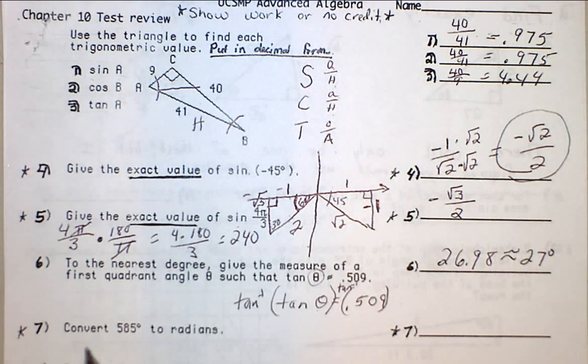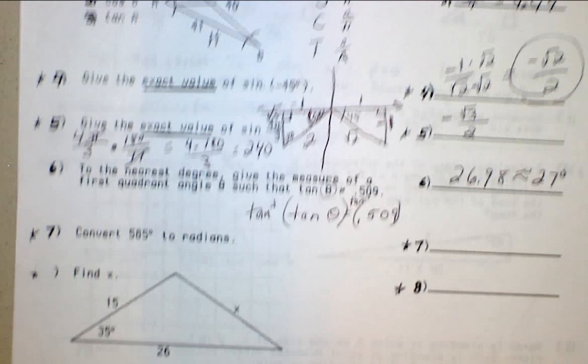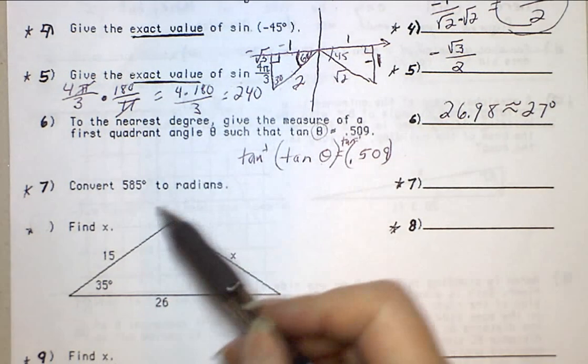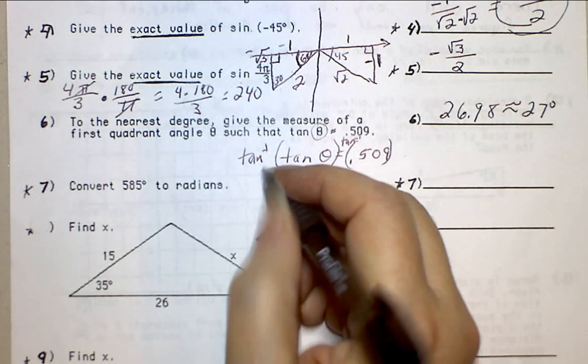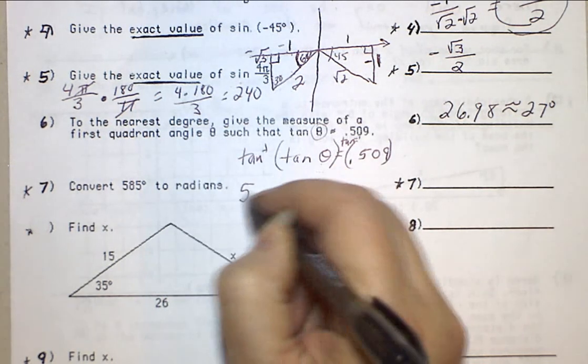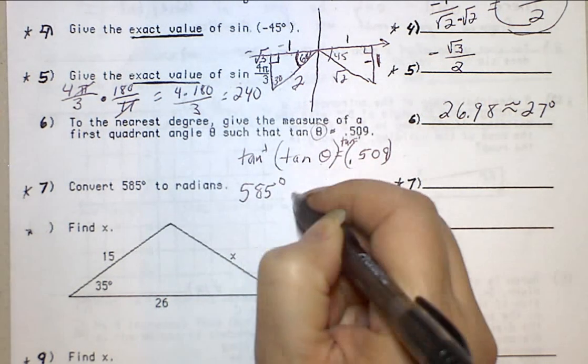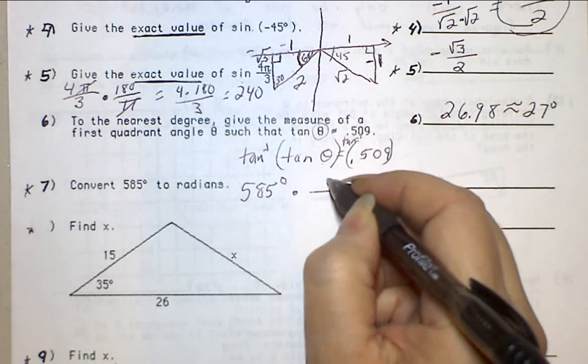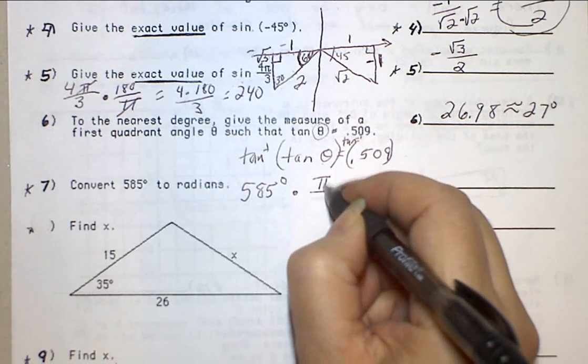So now convert 585 to radians. If I have 585 degrees, what do I have to multiply this by to get rid of the degrees? Yes, pi over 180.